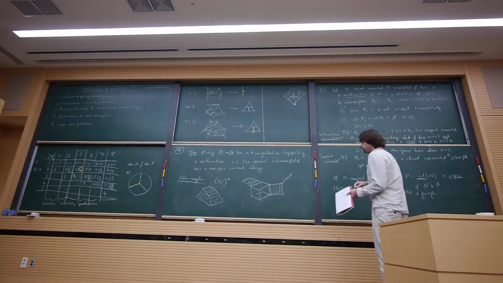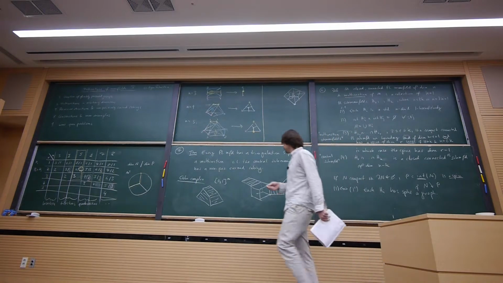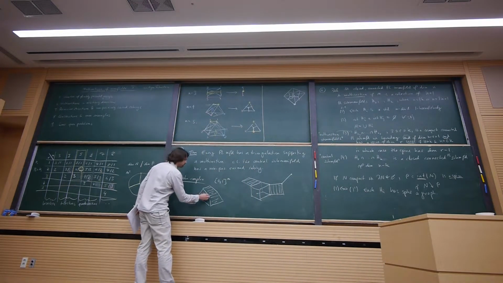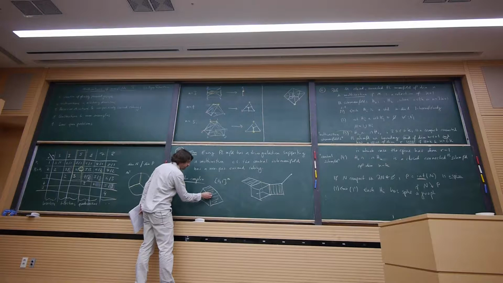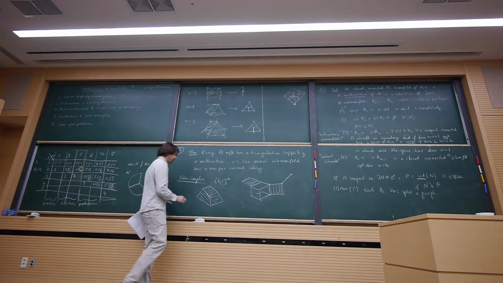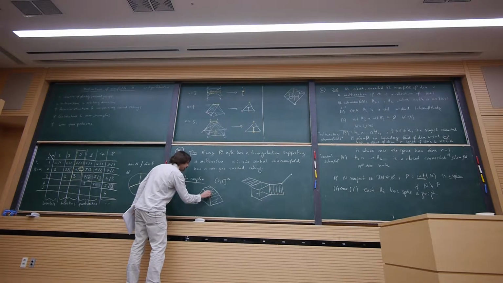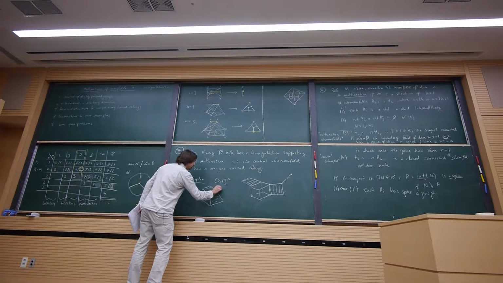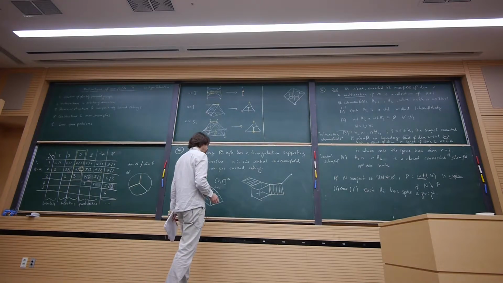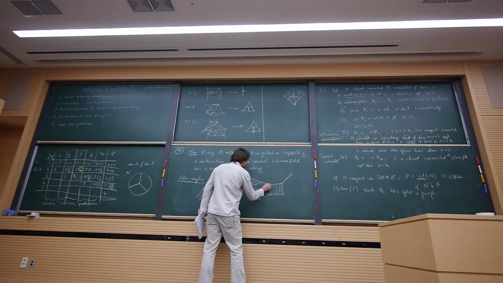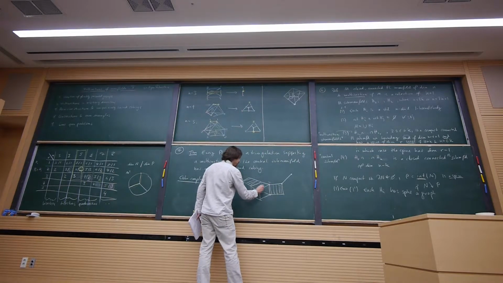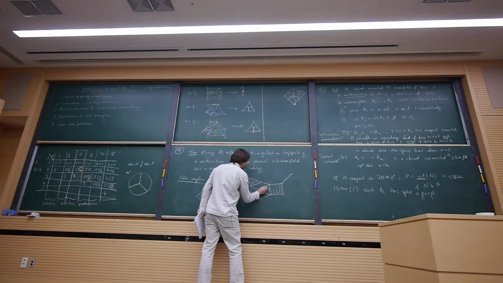Then if you look at the link of a vertex in such a cube complex, the link is going to be a simplicial complex. If this is V, and this is the link of V. Let's pick something more interesting. Here's my vertex V, and the link is going to be a triangle, a 2-simplex from this guy, and a 1-simplex from this guy.